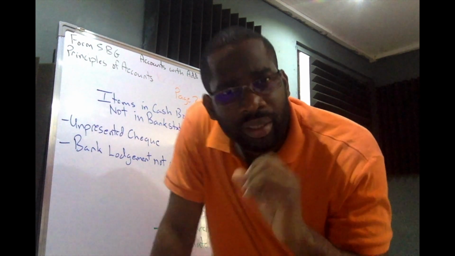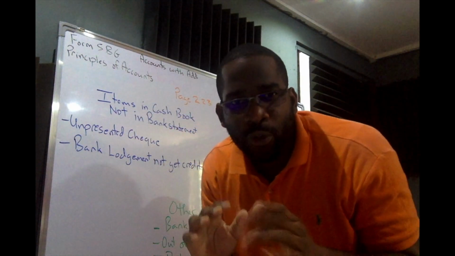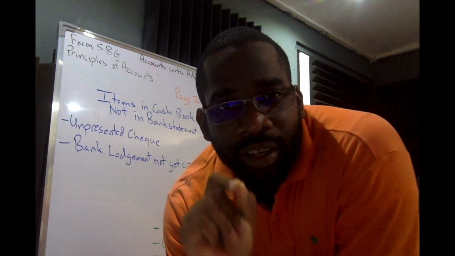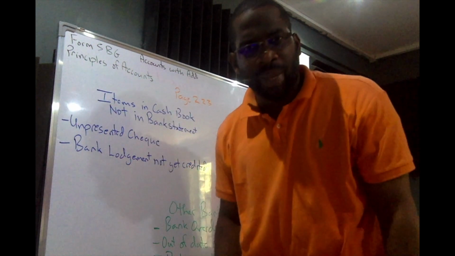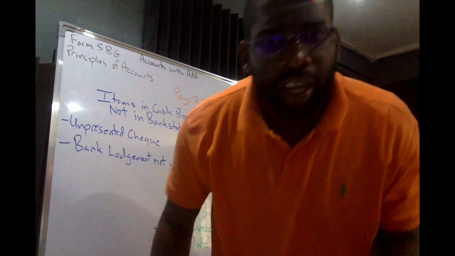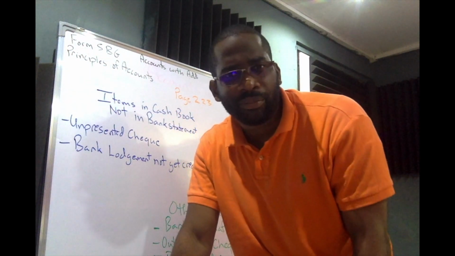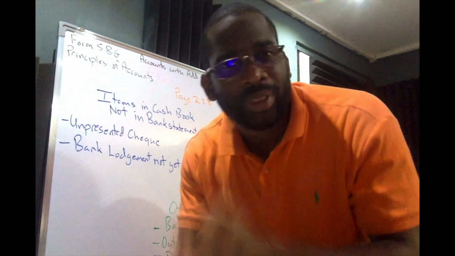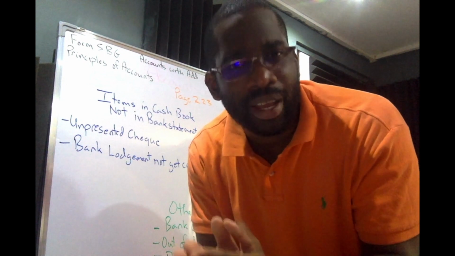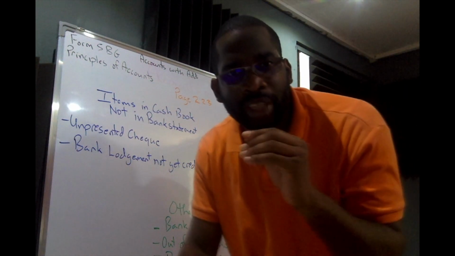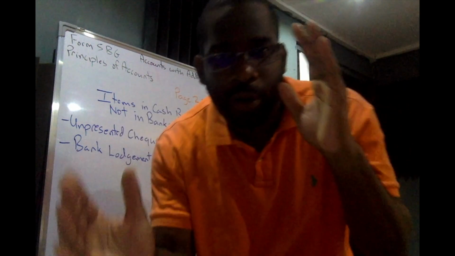And remember, pay attention to the name, direct debit. So therefore, a direct debit will be on the debit side of the bank statement. And the debit side on the bank statement is what? The paying out side of the bank. Remember, we established that the bank account and the cash book differ.